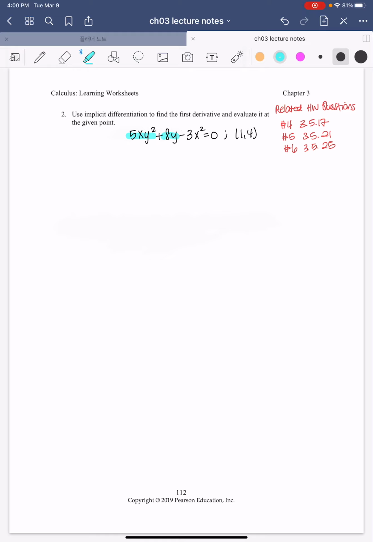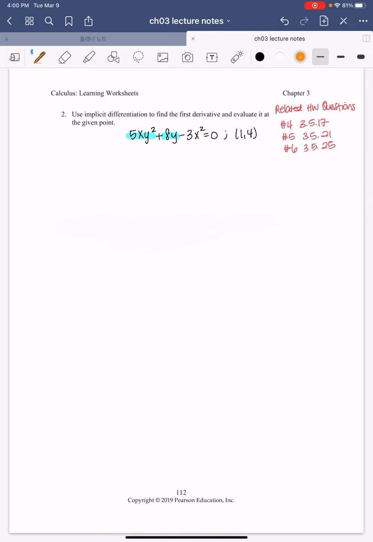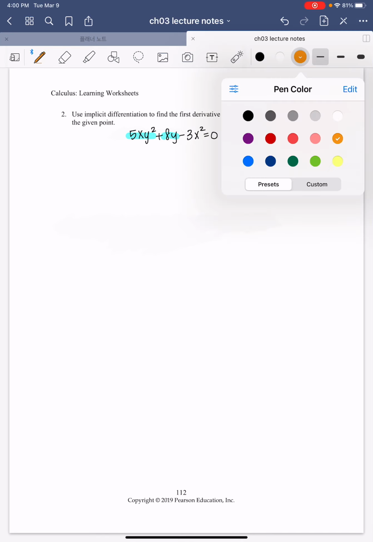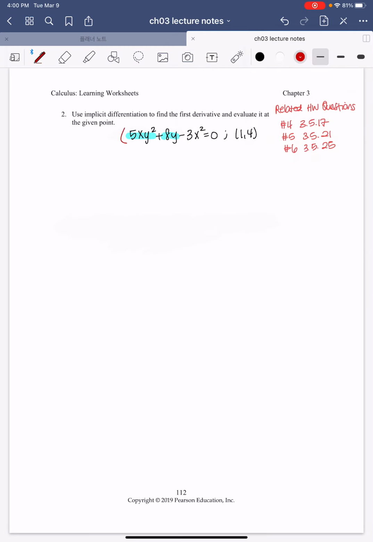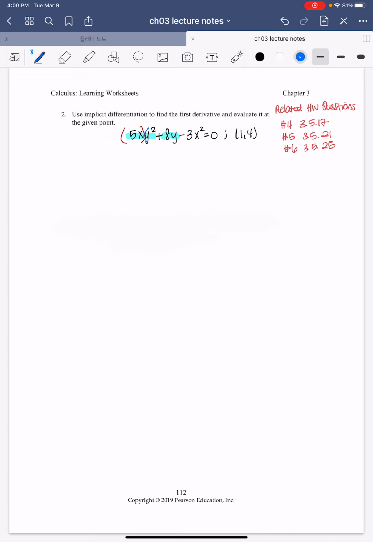Now the first one, 5xy squared, is kind of like our product rule. There are 2 functions being multiplied, because x and y are different variables, so now you have to separate them. I'm going to use colors: I'm going to have the 5x term multiplied by the blue term.